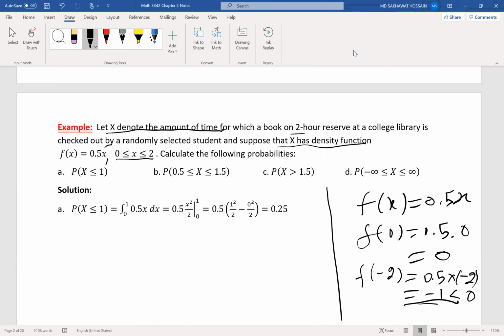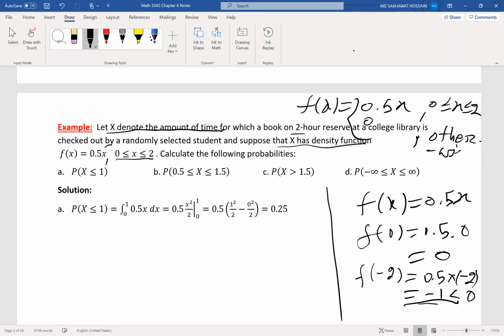So that means this function actually is like this: f of x is equal to 0.5x, and this is from 0 to 2. Otherwise, it will be equal to 0. So this type of function is called a piecewise function.